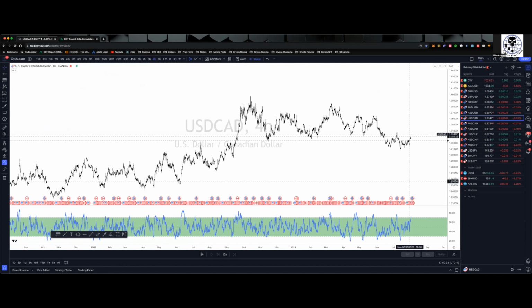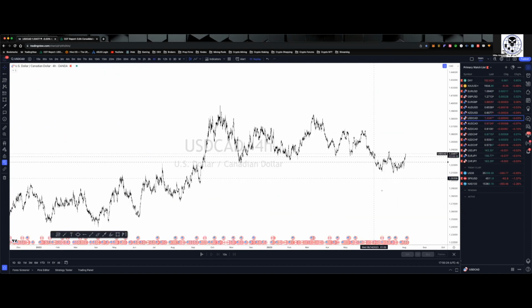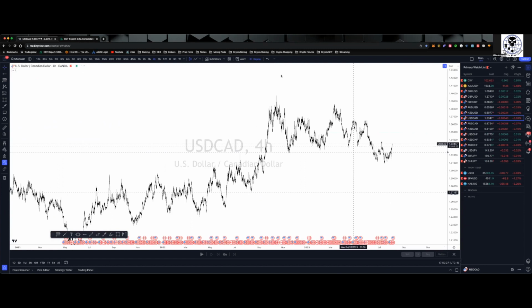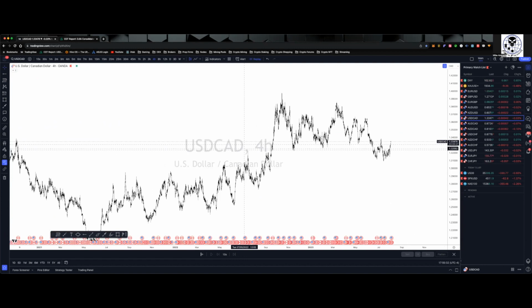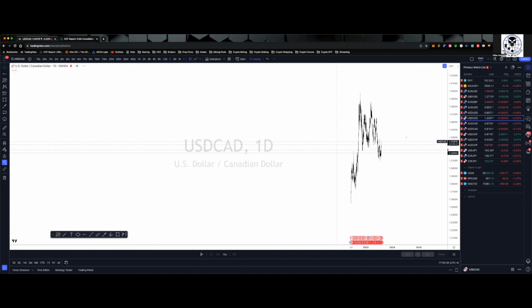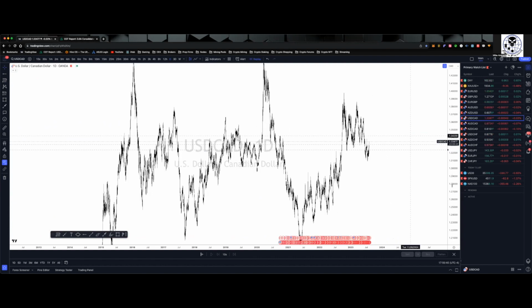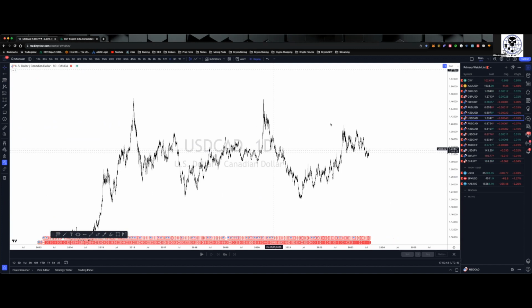For me, my structure point is actually going to be, hold on. Let me go up to the daily real quick. My structure point is actually going to be on the buy side. I'm not going to put it on the buy side because I'm actually trying to sell this.